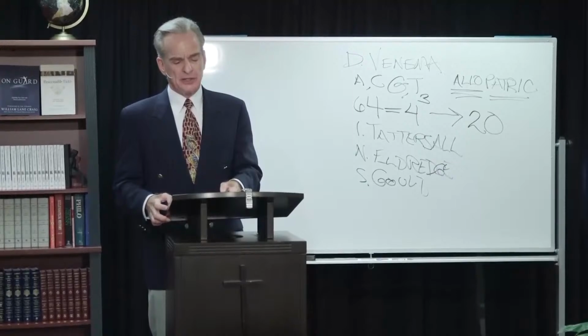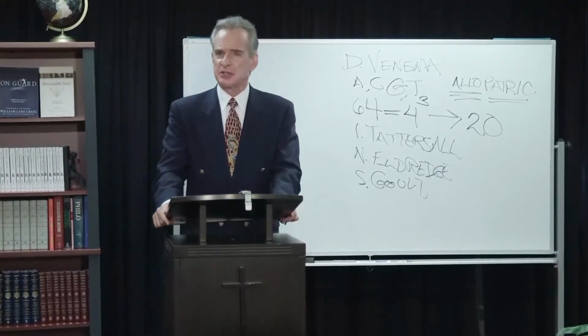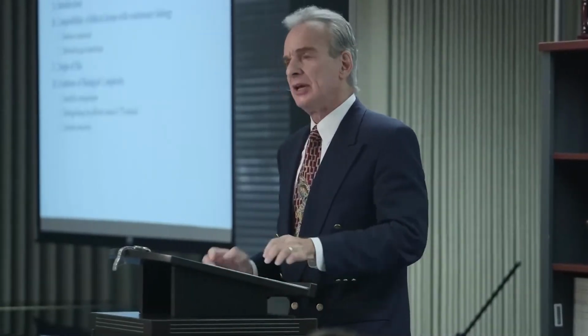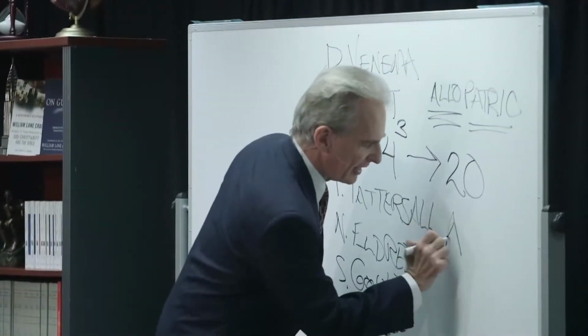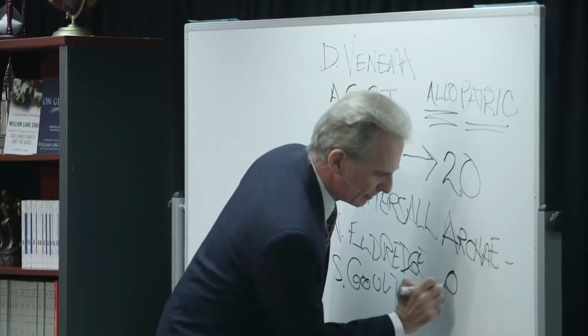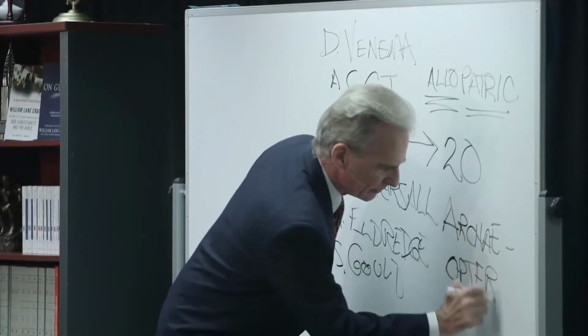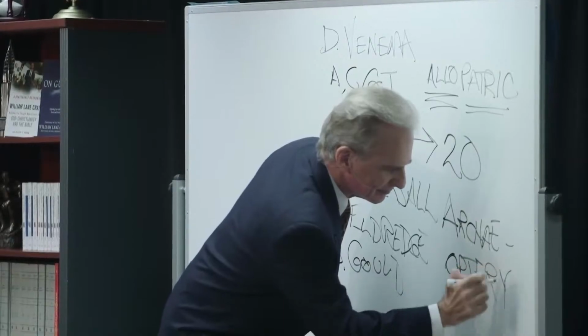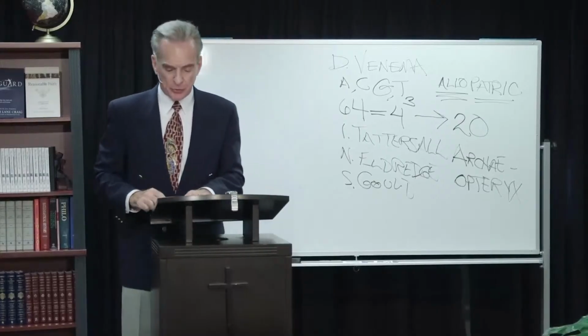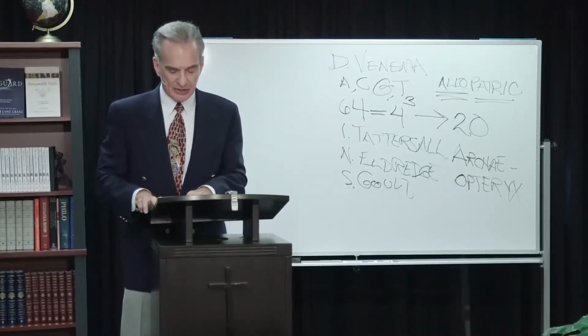Now, it's important to understand in this connection the difference between intermediate forms and transitional forms. It is certainly true that there are fossil remains of various intermediate forms. For example, the famous Archaeopteryx, which is a bird, but it has both reptilian as well as avian features.